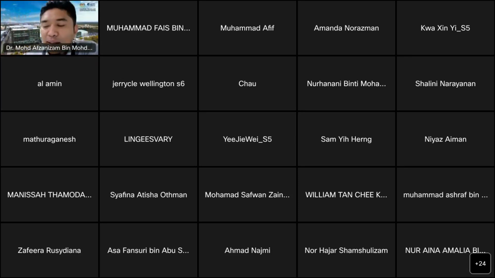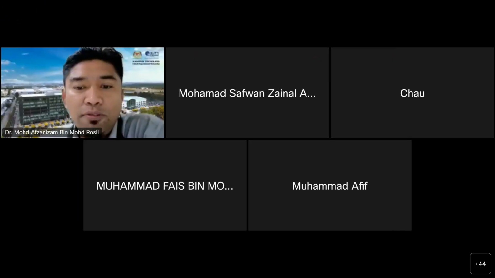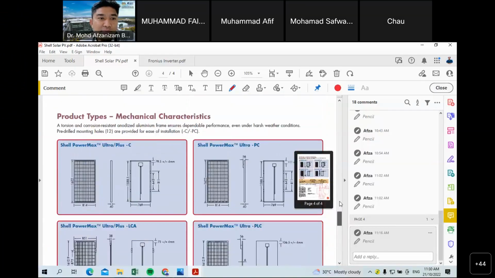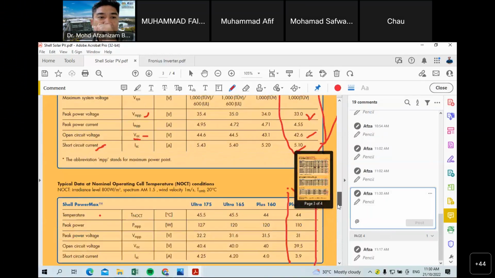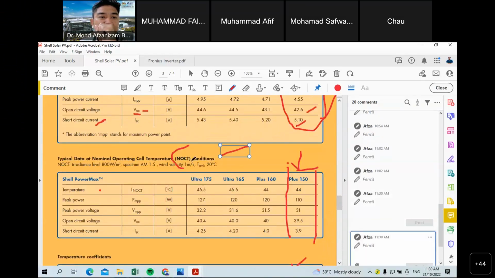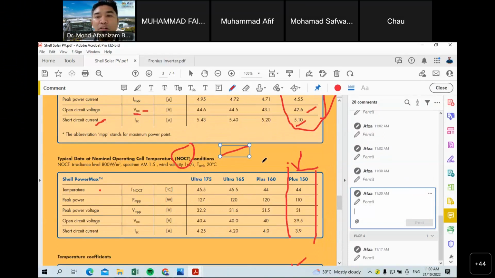So I pass one question for you guys to wonder. Maybe you can try to check or discover it in your free time, and later remind me during the next following 2 weeks. In the data sheet, if you notice, we also have the data in terms of the NOCT. We have this one, which is STC, guys, and this one is the NOCT, nominal operating cell temperature. So when do we use this value, and how do we play around with this kind of figure?